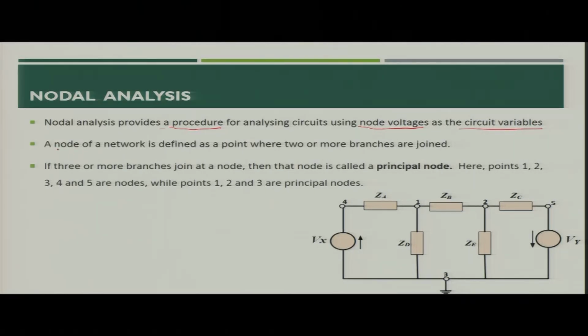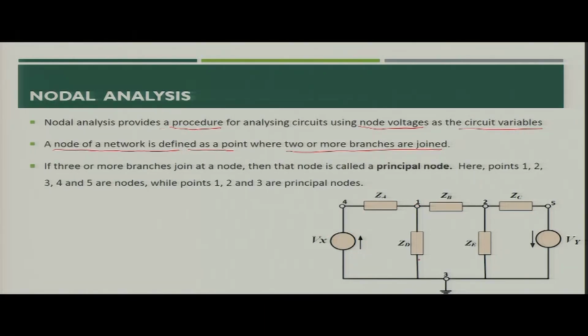Now, a node of a network is defined as a point where two or more branches are joined. If you see this figure, 1, 2, 3, 4, 5 are the total nodes. For node 4, you are joining the impedance ZA and the voltage source Vx.